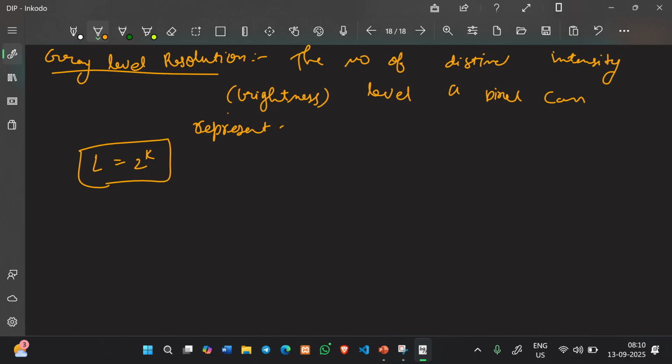Okay, so let's move further with the combined effect. What is the combined effect of these?